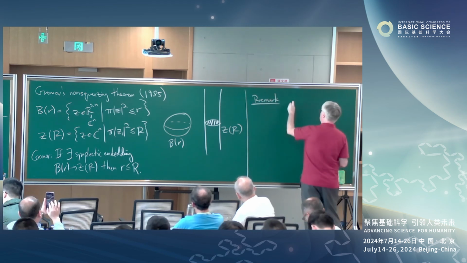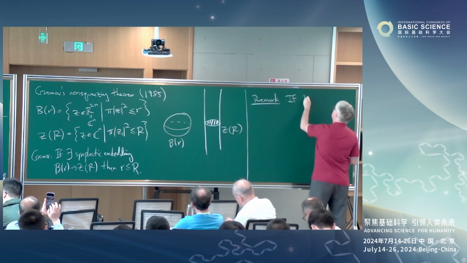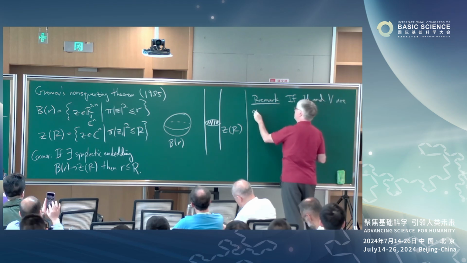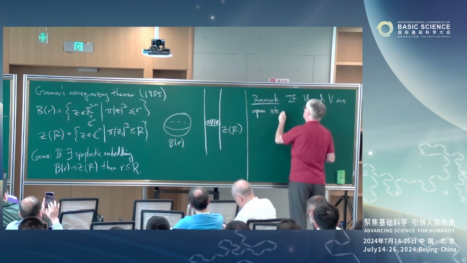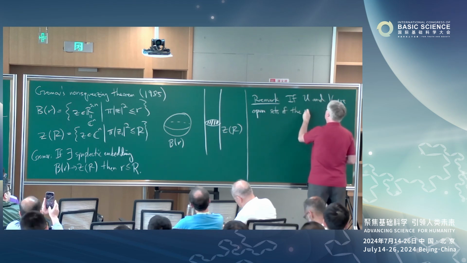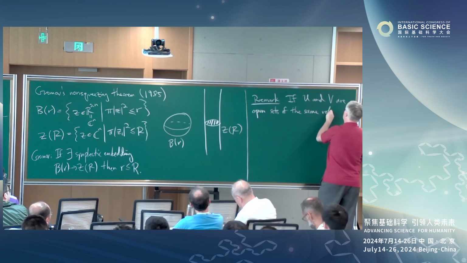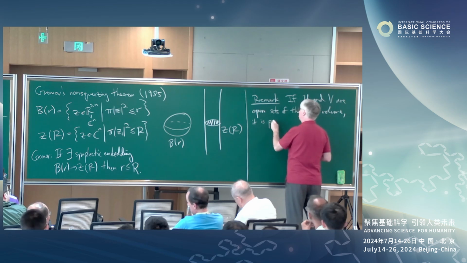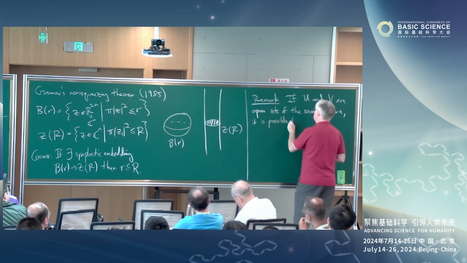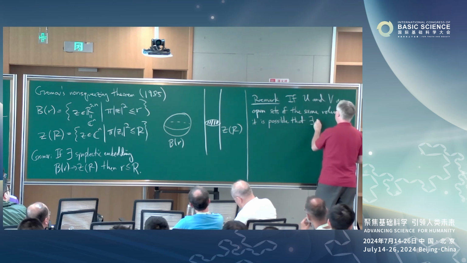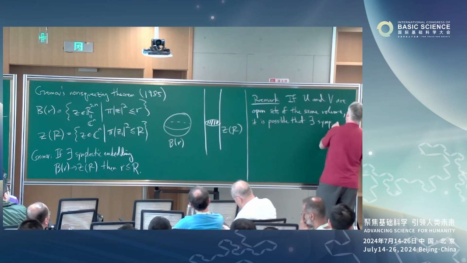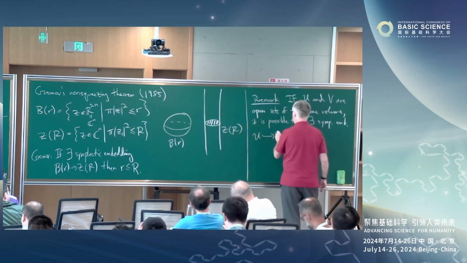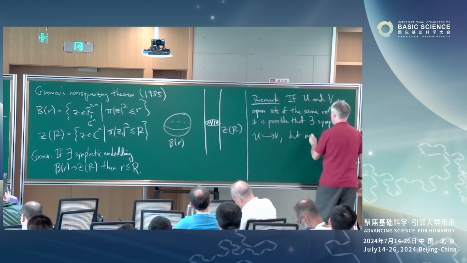If U and V are open sets of the same volume, it is possible that there exists a symplectic embedding from U into V, but no symplectomorphism.